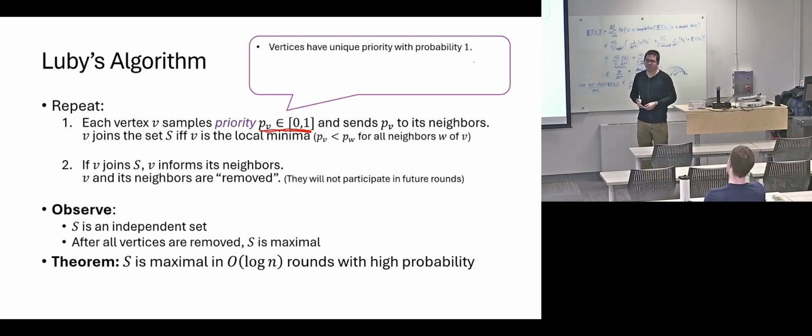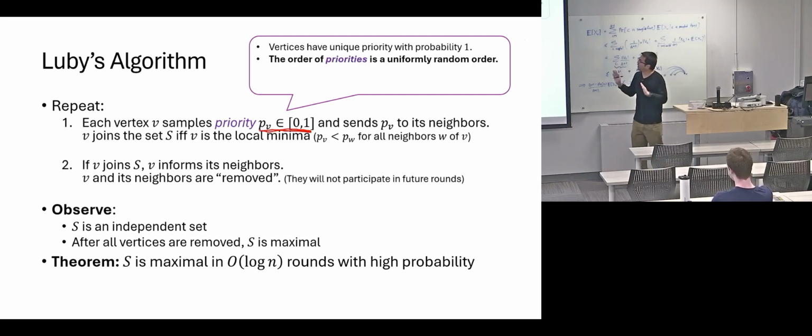What would be the distribution of this ordering? By symmetry, it must be uniformly random because each node does things uniformly. Everything happens symmetrically.